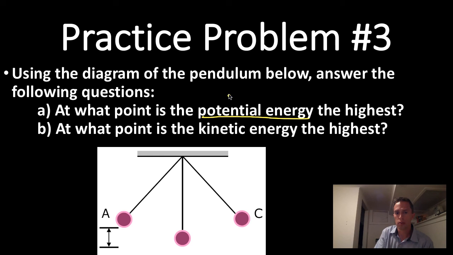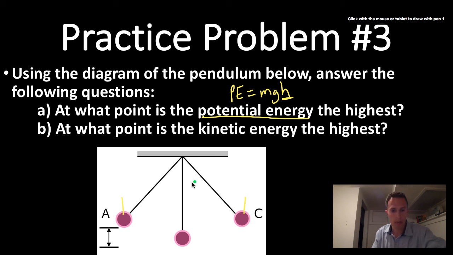Potential energy, if you remember, is equal to mgh. The mass of this pendulum bob is going to be the same throughout, and acceleration due to gravity is going to be the same throughout. And so we really want to find the spot where its height is the greatest. And it looks like to me the spot where it's going to be the greatest height-wise is going to be A and C. And so let me switch colors.